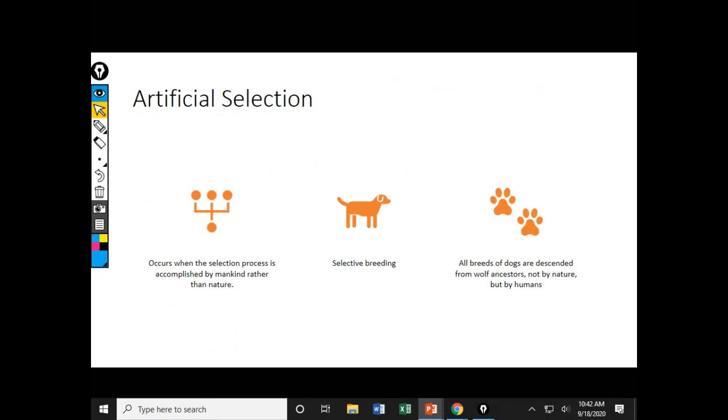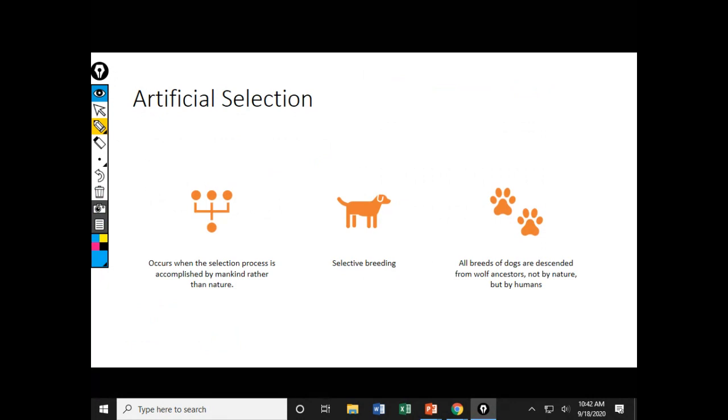It's literally artificially chosen. So instead of it being a predator that's saying, I'm choosing the green ones because they're easier to pick off, so the orange ones are left alive to breed, and you breed things that look like you.